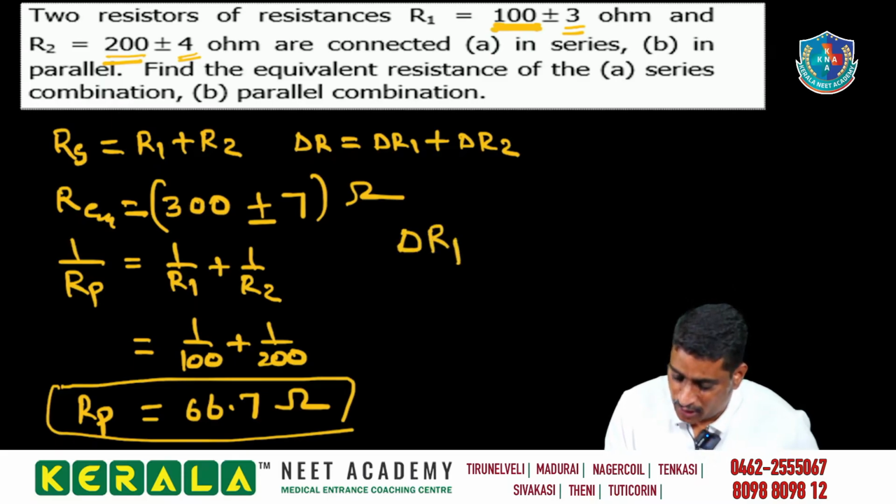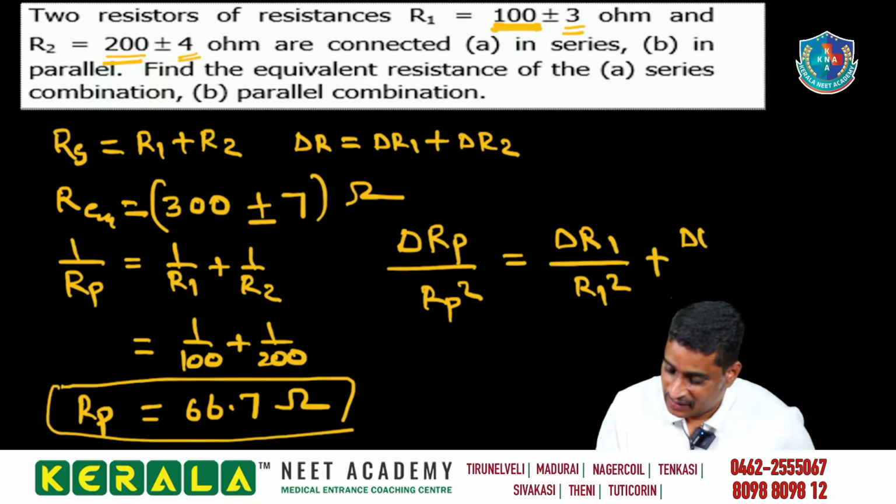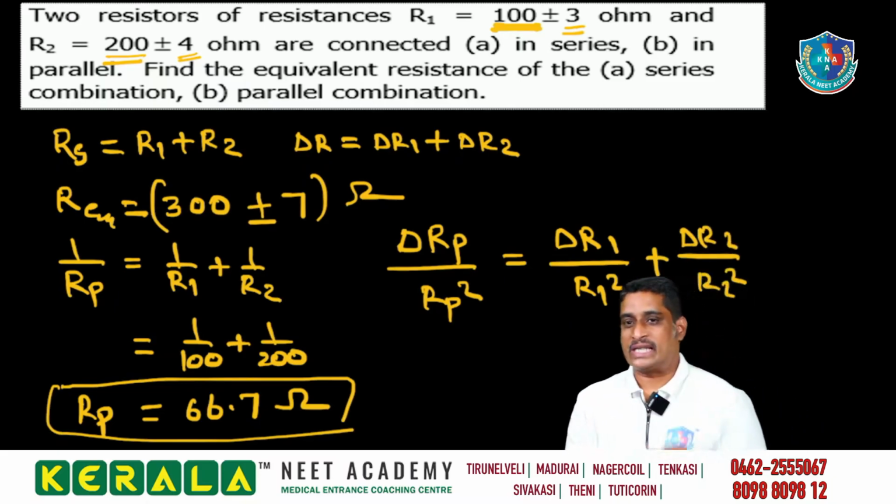Error in the measurement of R will be given by delta Rp divided by Rp square will be equal to delta R1 divided by R1 square plus delta R2 divided by R2 square. By simple differentiation, you will get this idea.